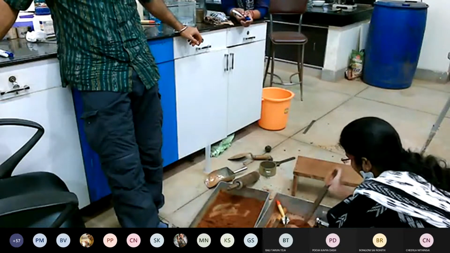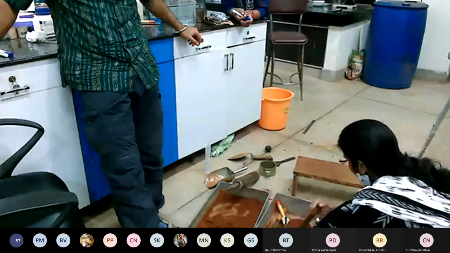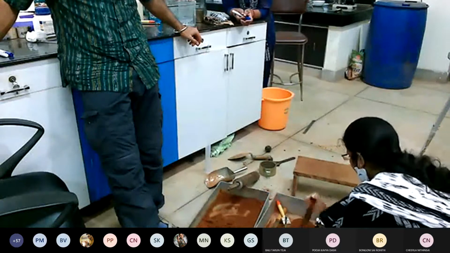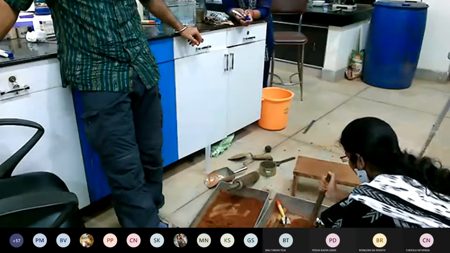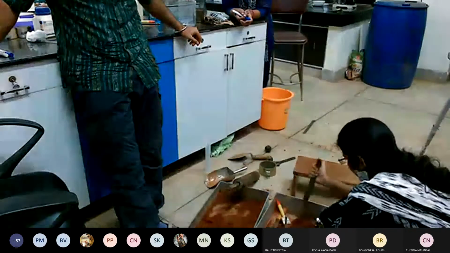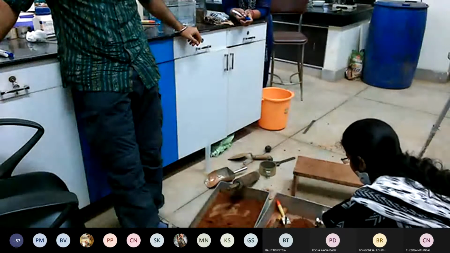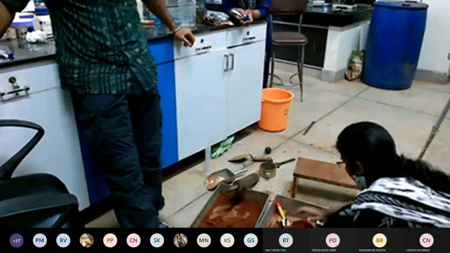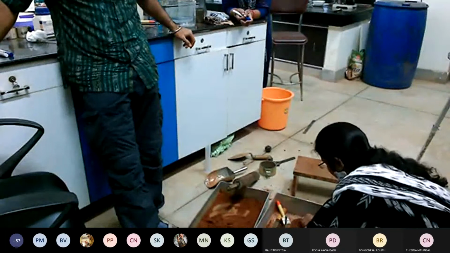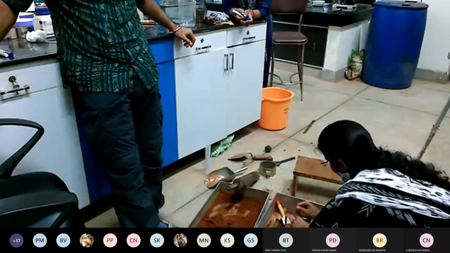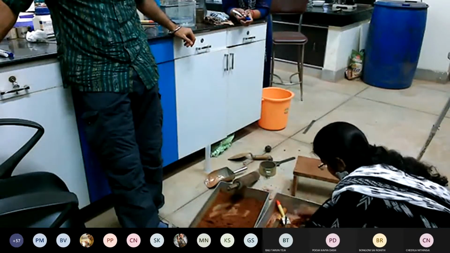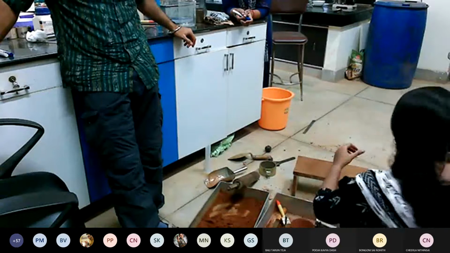So each increment you can increase by 2% or 3% of water and repeat these steps till you get a decrease in the weight. Depending on the soil type, nature of the soil and particle size and everything, the optimum moisture content will vary.